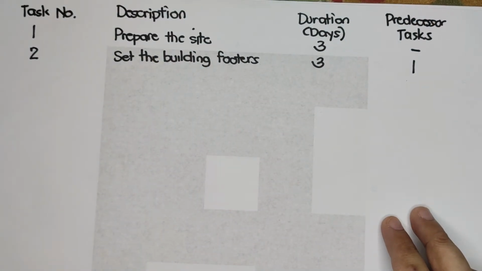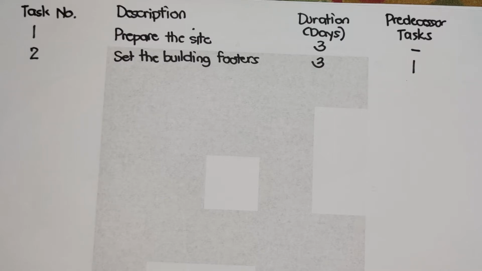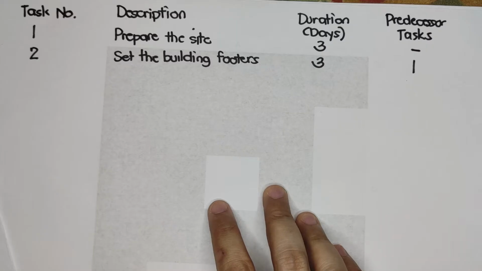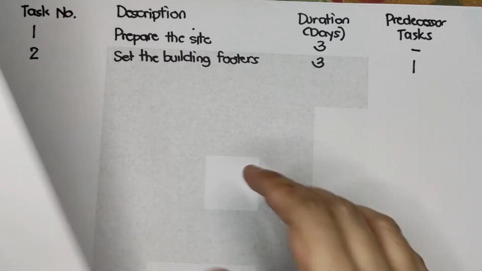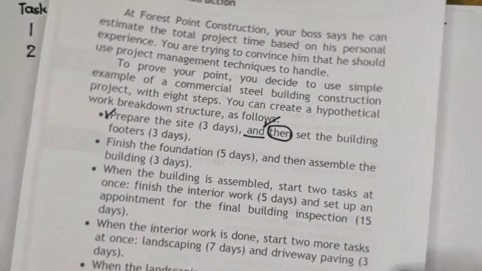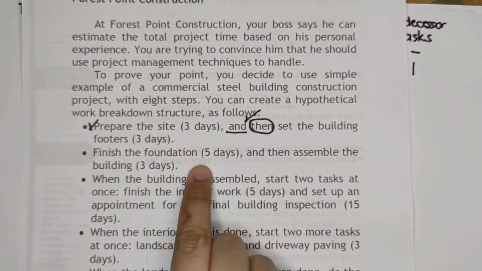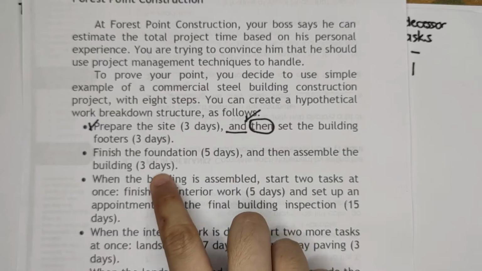Okay, we're done with task number 1 and task number 2. Now task number 3. Based on the problem: finish the foundation in 5 days and then assemble the building.